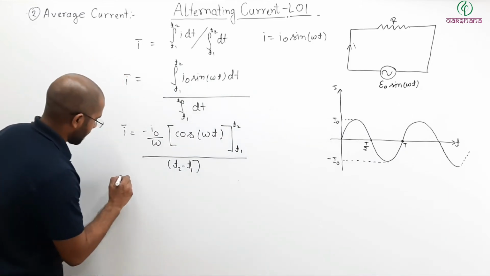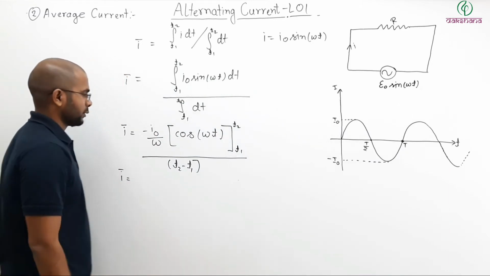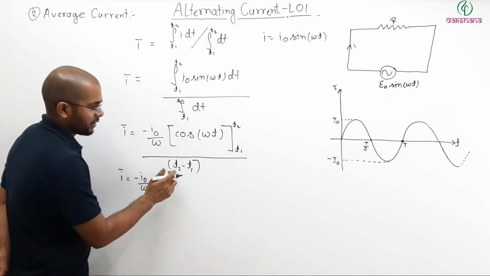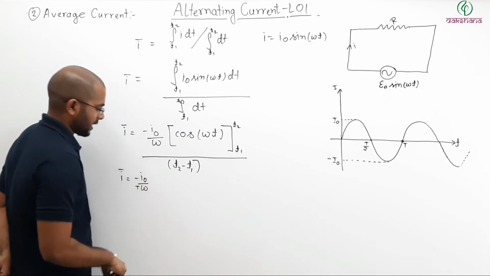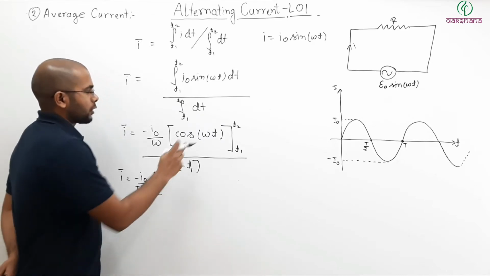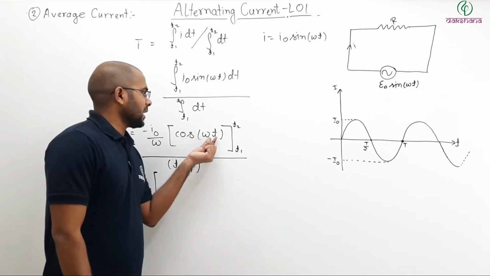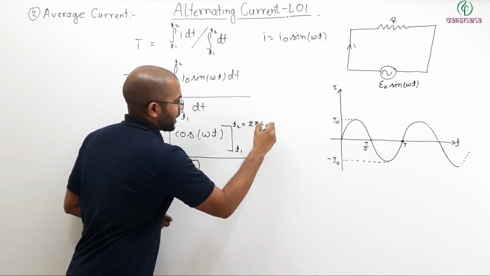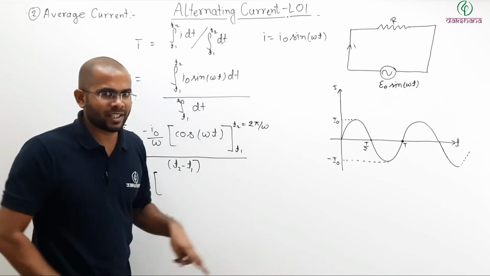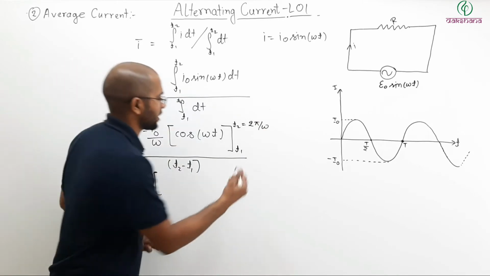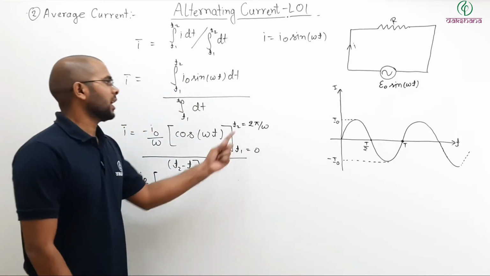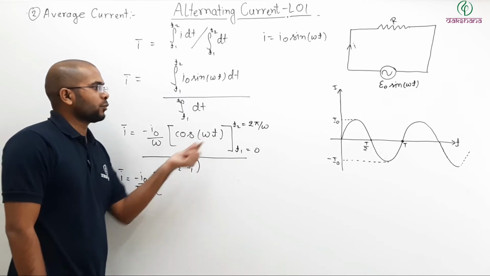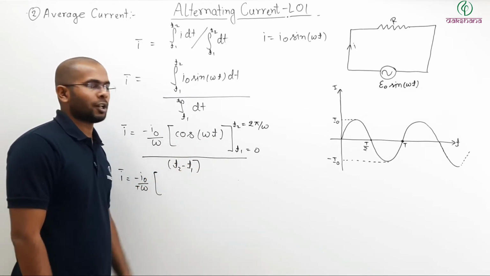So I average will be equal to minus of I naught by omega, cos of omega times T, and what is T here? T we are taking as 2 pi by omega. Now remember, that is not always the case. For that particular case we are considering T1 as 0 and T2 as 2 pi by omega. So omega times 2 pi by omega, omega omega cancel, cos of 2 pi.